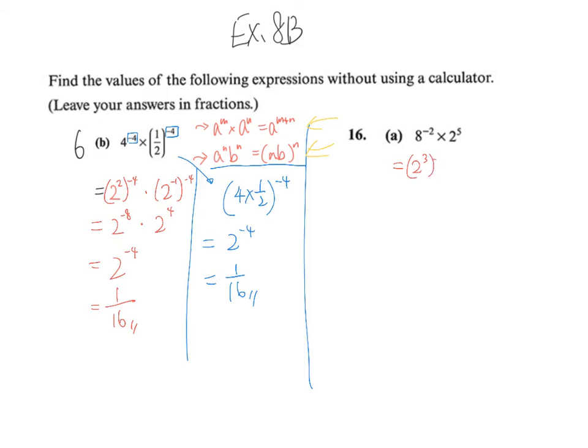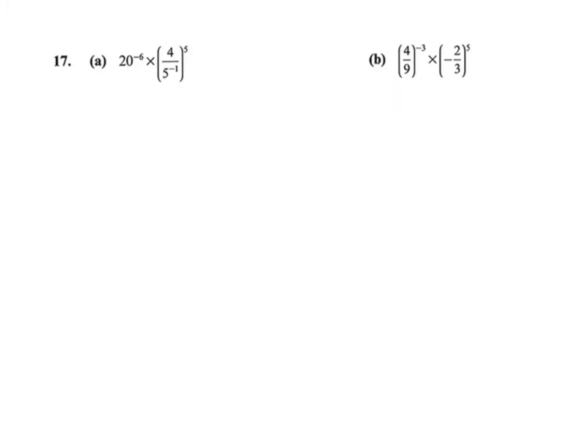So 2 to the power 3, to the power negative 2, times 2 to the power 5. That's why we will have 2 to the power negative 6 times 2 to the power 5. So negative 6 plus 5 is negative 1. So the answer will be 1 over 2. So we do not need to use a calculator. We just change into the same base.